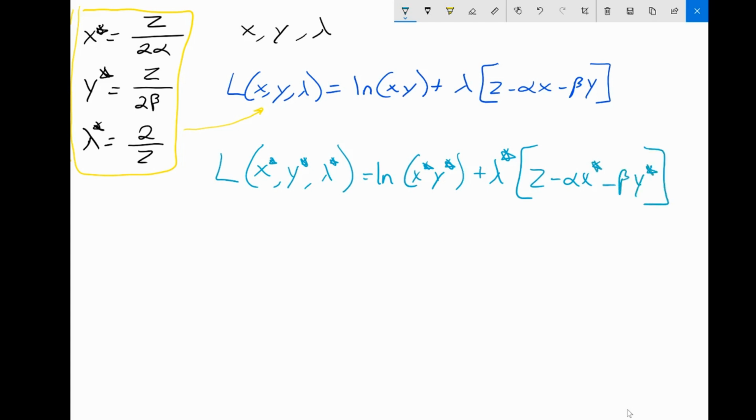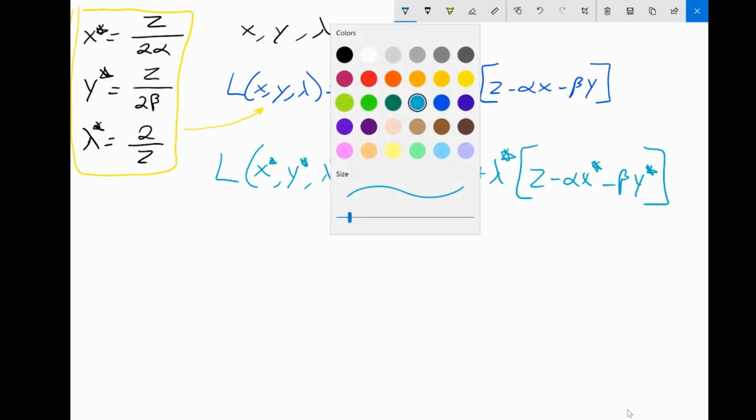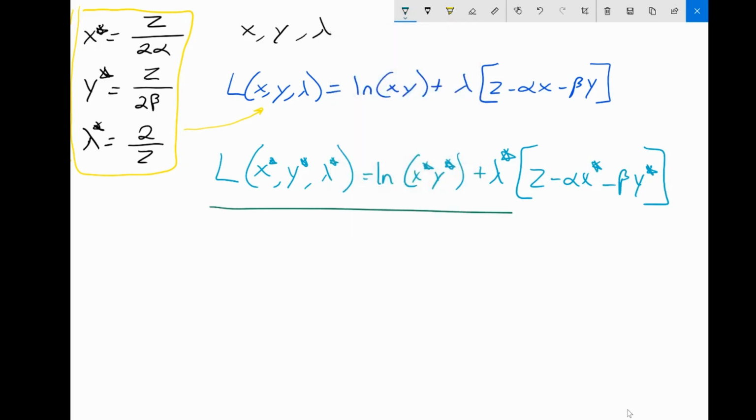All right, this function here, we call this the indirect objective function.